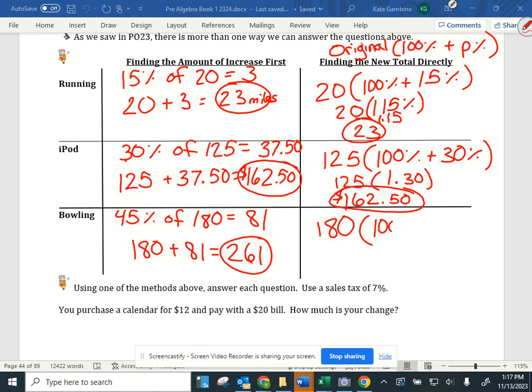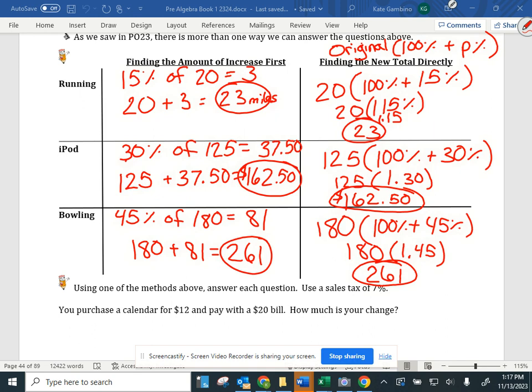And we are increasing that by the 100% plus 45%. So 180 times 1.45. What do we get when we have 180 times 1.45? Henry? We get 261. 261 for our new score.